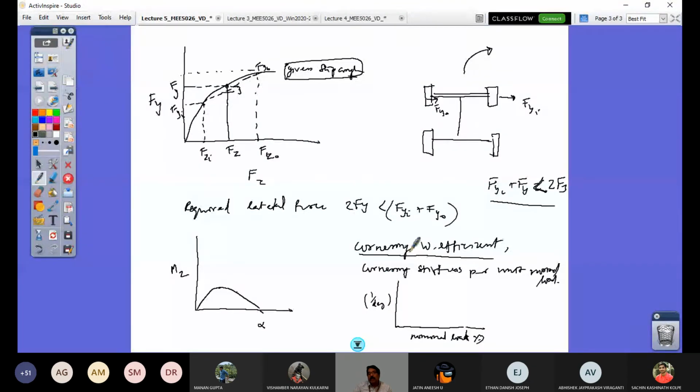I divide that by normal load, so I get 1 by degree. So this variation goes like this. That's what you have to see. Like that, you also have an influence of inflation pressure. Again, cornering coefficient is used. You would see that this cornering coefficient would increase as a function of inflation pressure, IP, in 1 by degrees. It would be like this.